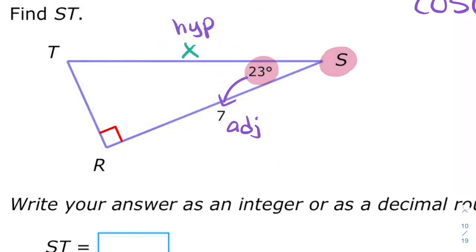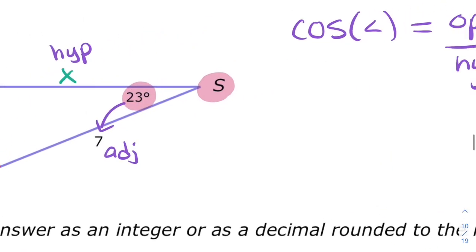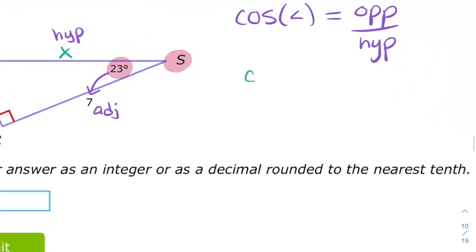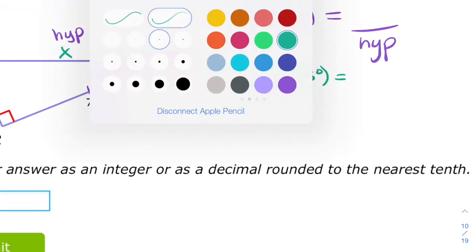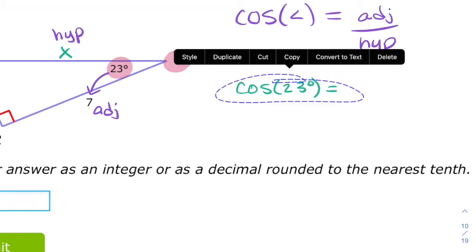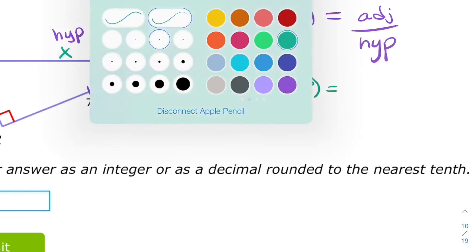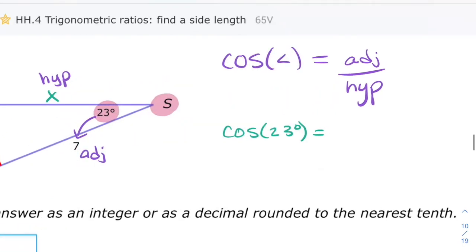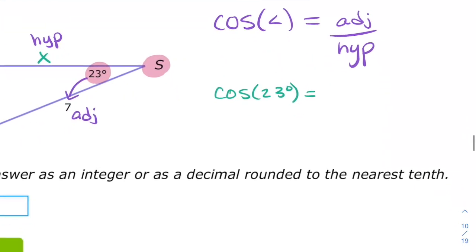Okay, so I'm going to do the cosine of 23 degrees equals the opposite side. Oh, I'm sorry. It's adjacent. We were just doing opposite. Adjacent over hypotenuse. My apologies on that. If you were confused, I hope you caught back up and you understand. I wrote the wrong trig function.